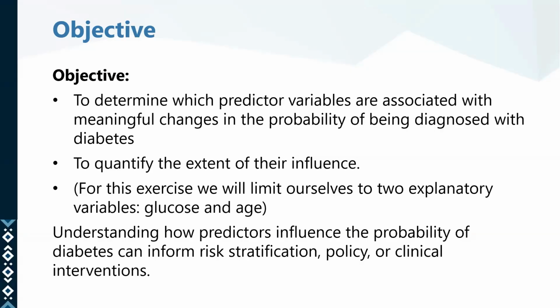Because of the time limitations of this session, we will restrict ourselves to using only two of the explanatory variables, which are glucose and age. Understanding how these predictors influence the probability of diabetes can inform risk stratification, policy, and clinical intervention.